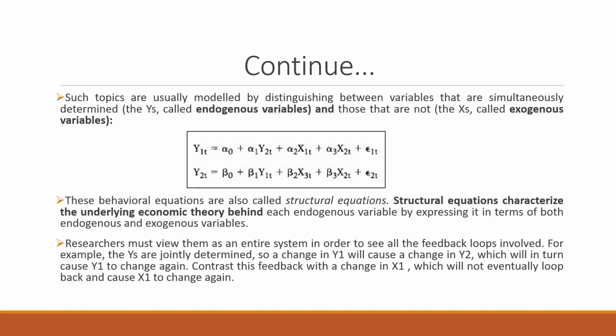In contrast to this feedback, if you change only x1 here, the effect will be seen only on y1. This is the basic reason we consider the x's as exogenous variables. Basically, they are outside the system, and the y's are considered endogenous because they are inside the system. There is a system, a mechanism, a loop which is working.